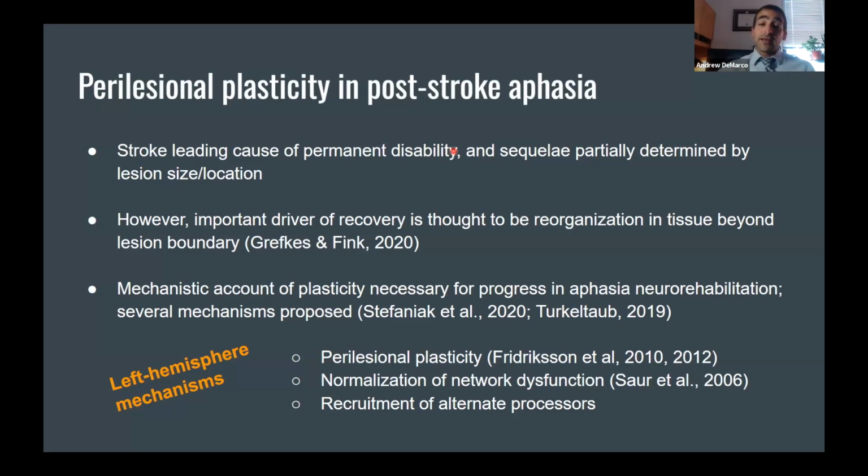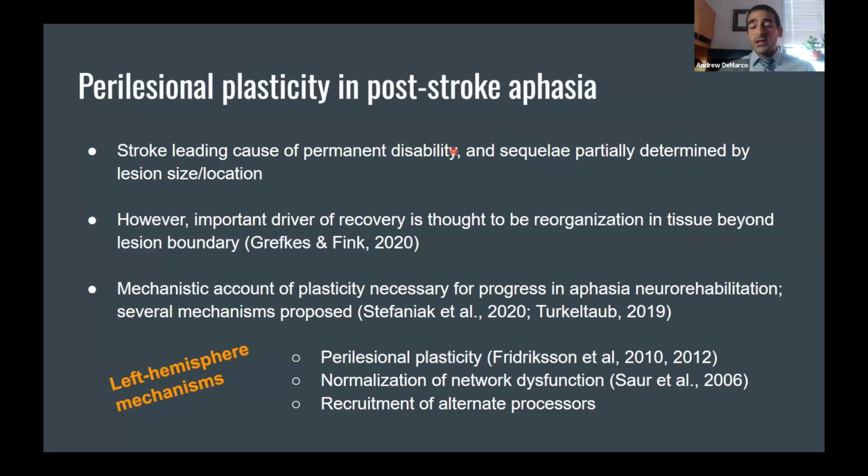When we think about just the left hemisphere, several different patterns, several different mechanisms have been proposed. The one we'll talk about here in the first half of my talk will be perilesional plasticity, but normalization of broad spread network dysfunction has also been proposed and observed by people like Dorothy Sauer. And then there are several lines of work showing that there may be recruitment of alternative processors that aren't as involved prior to somebody having a stroke, and afterward they become involved.